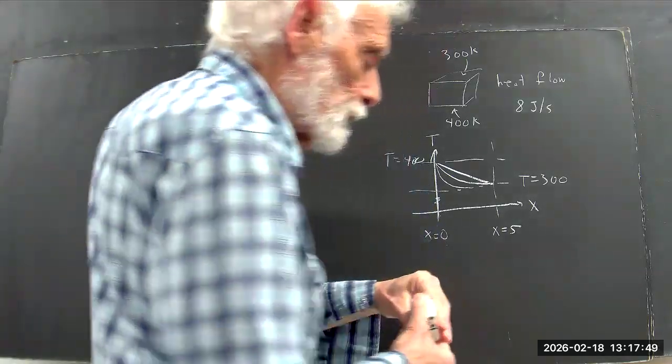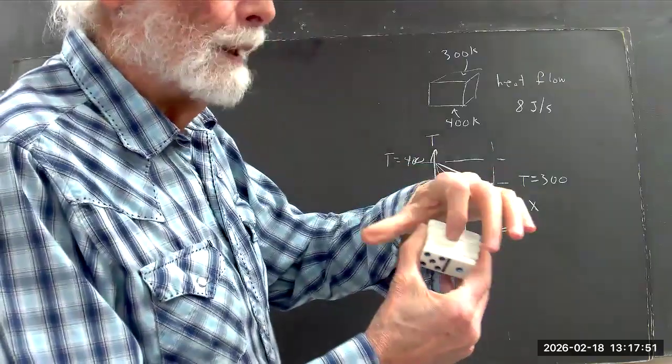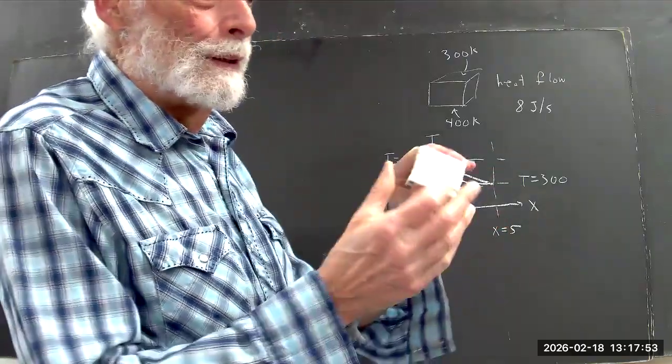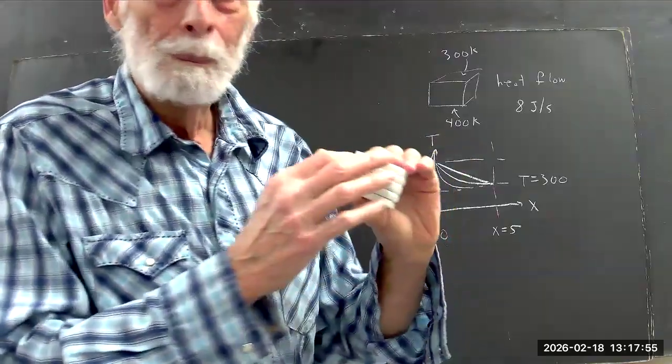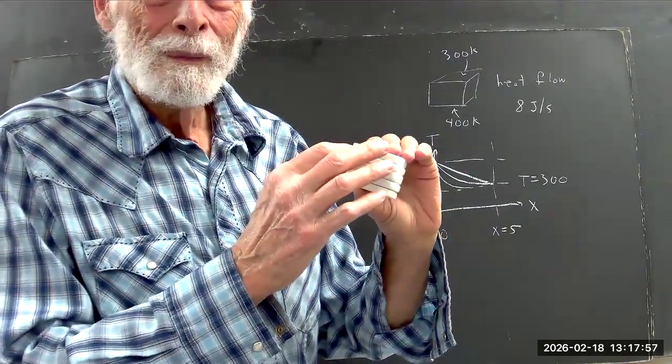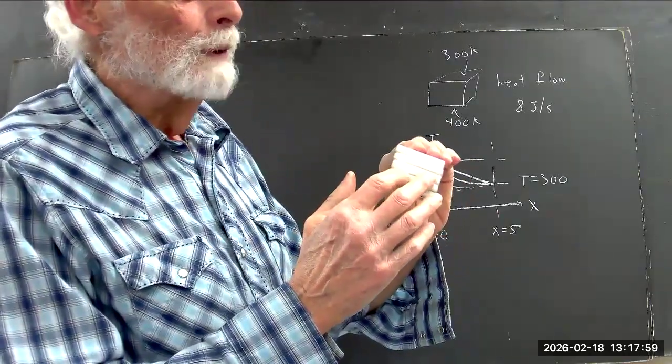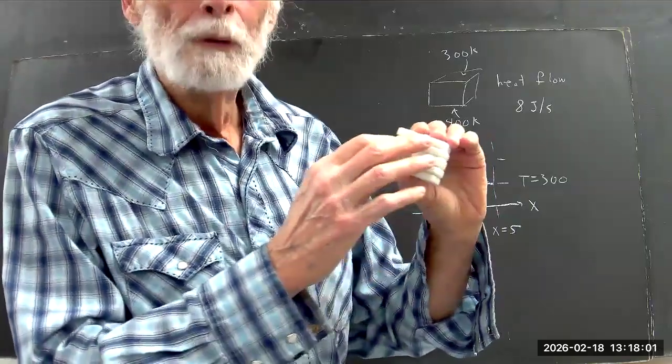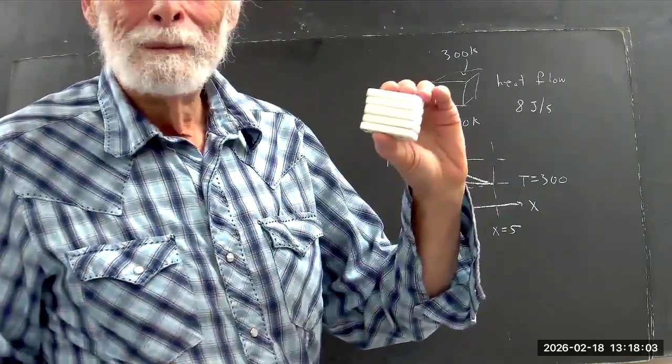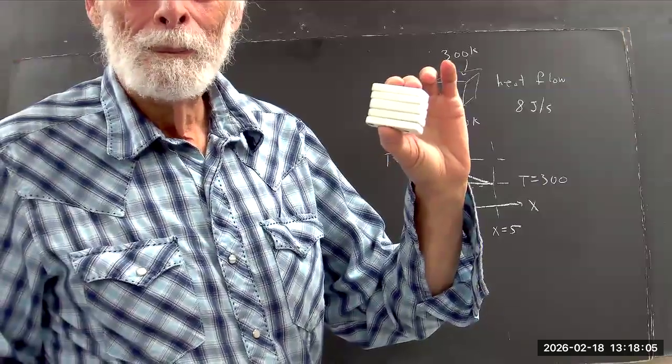That is, if one of these dominoes has a greater temperature change than another one, then more heat is going to be flowing through it than through the one with the lower change of temperature, right?